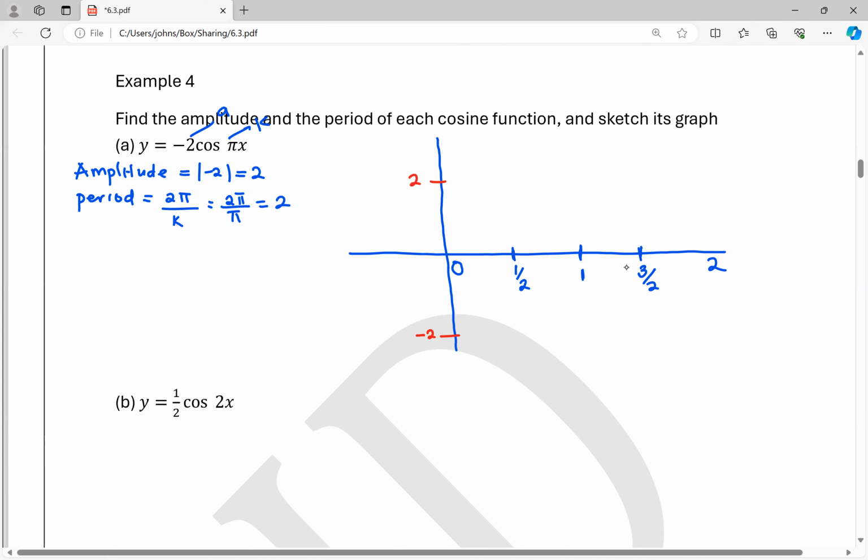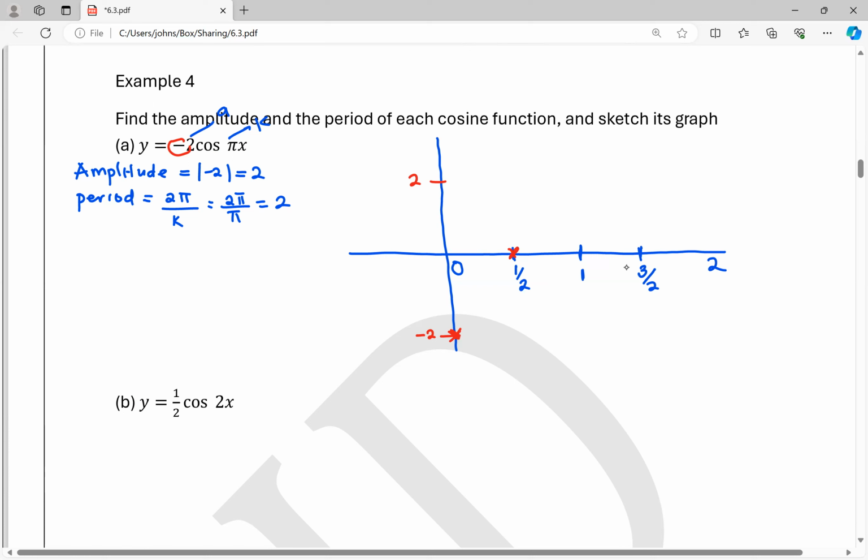So from 0 to 2, this is the graph of cosine. The graph of cosine, usually we start from where? We start from the highest, right? But because of this minus now, you don't have to start from the highest, just start from the lowest. At 0, instead of starting from 2, go and start from where? We start from minus 2 because of the reflection across the x-axis. Then the next one, you now go to the baseline.